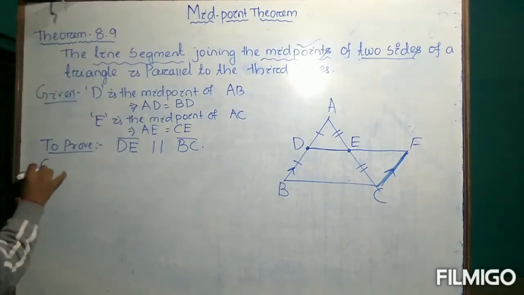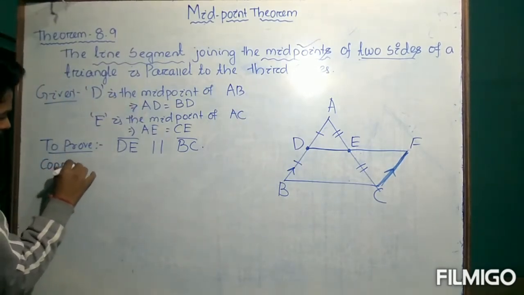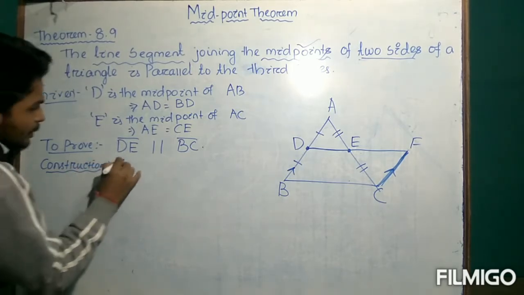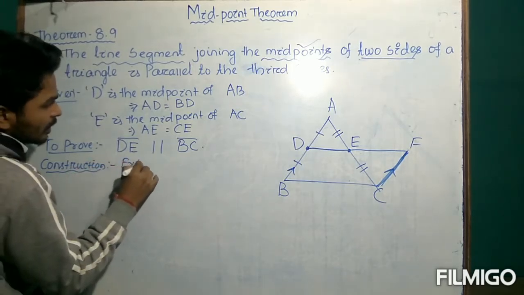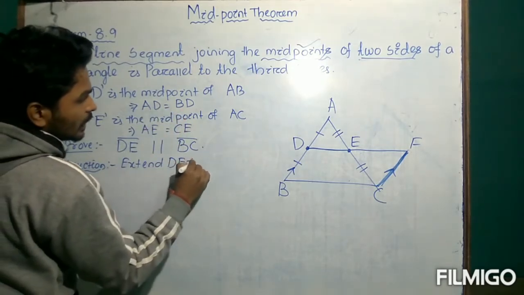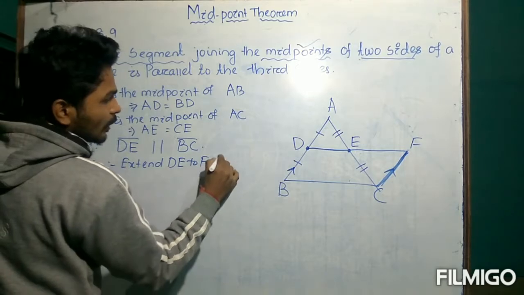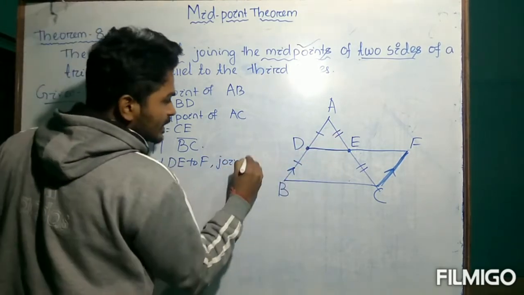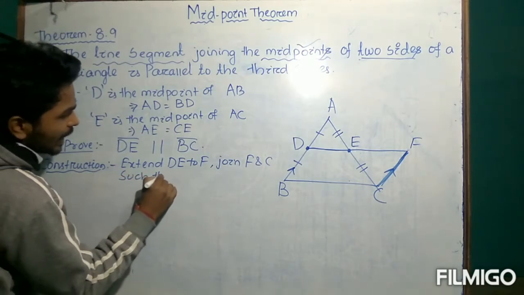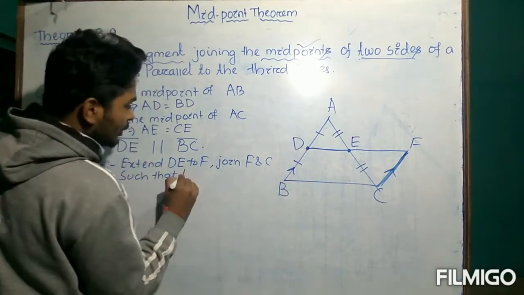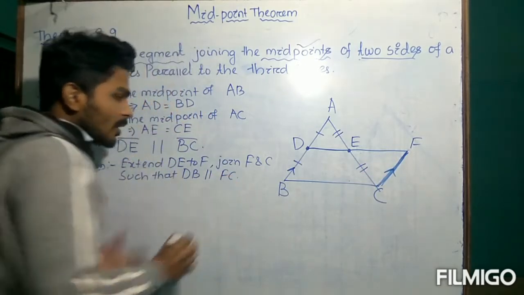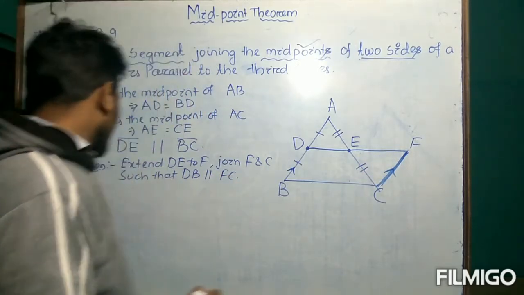Again, I am telling you, we have to construct or extend the line DE to a point F and join F and C such that DB is parallel to FC. The construction is: extend DE to F, join F and C such that DB is parallel to FC. This is our construction. Next we will prove.